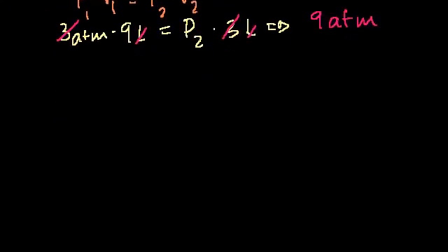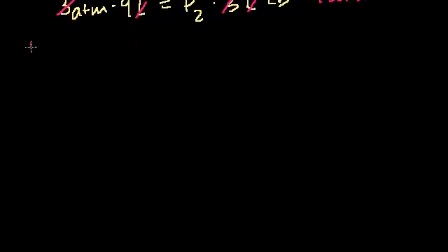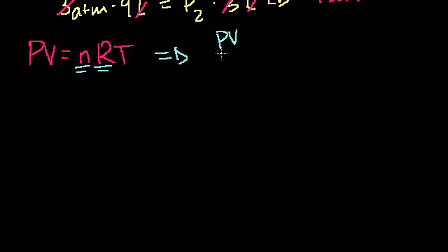Now, you can take that even further. If we look at PV equals nRT, the two things that we know don't change in the vast majority of exercises are the number of molecules we're dealing with, and obviously R. So if we divide both sides by T, we get PV over T is equal to nR, or you could say it's equal to a constant.